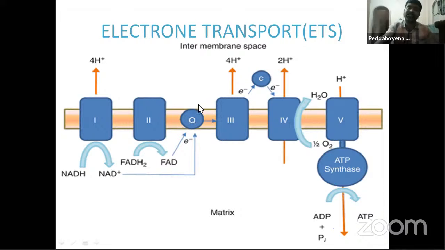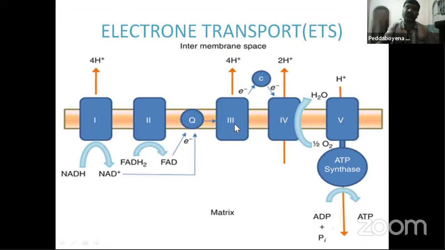At that time this deficiency is fulfilled from complex 2. Here also cytochrome B and cytochrome C transport the electrons by the process of oxidation and reduction. With 2 electrons, at complex 3, 4 protons are pumped out to the inner membrane space.